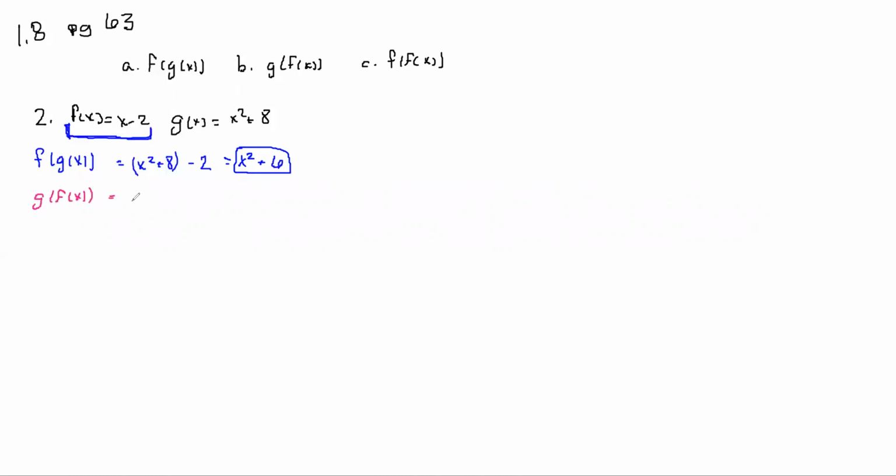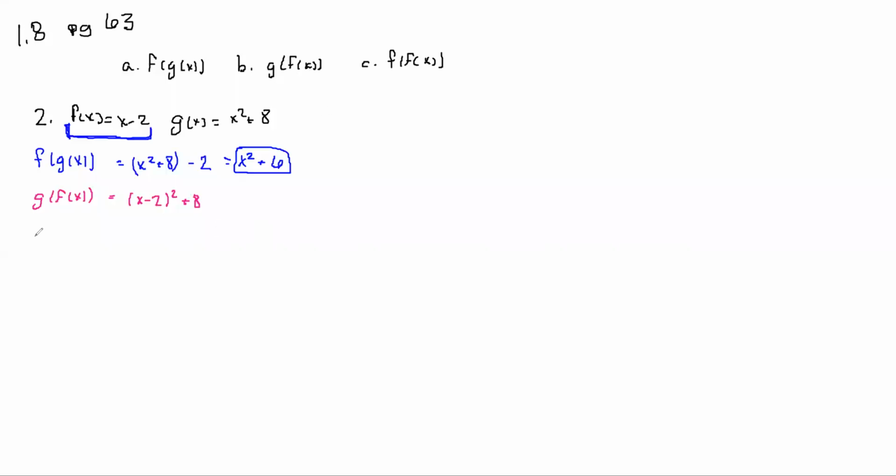In g of x where it's x squared, you would substitute x minus 2. Yep. And I don't really feel like pulling it all out. You'll end up with a polynomial. Yeah, but I don't think that's the important takeaway.